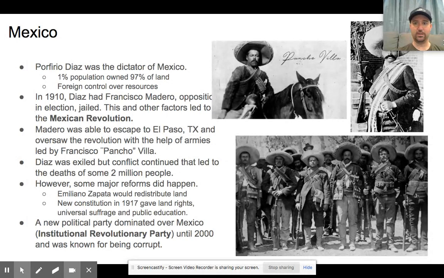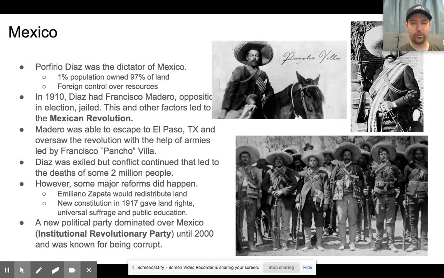Roughly 2 million of the 15 million people that lived in Mexico in this era did die from these conflicts and revolutions. But out of it came some things that were important in helping Mexico continue to modernize. There was a new political party that came about, the Institutional Revolutionary Party.